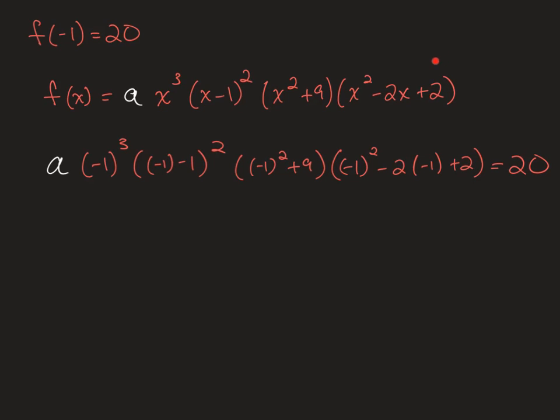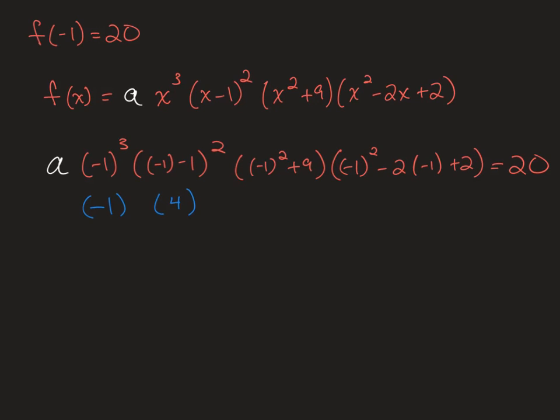Set that entire function equal to 20, and now we can solve for a. a is the only variable that's left over. So let's go through and simplify each factor to see what that gives us. Negative 1 to the third power is negative 1. Negative 1 minus negative 1 is negative 2. Negative 2 squared is 4. So this one is a 4.